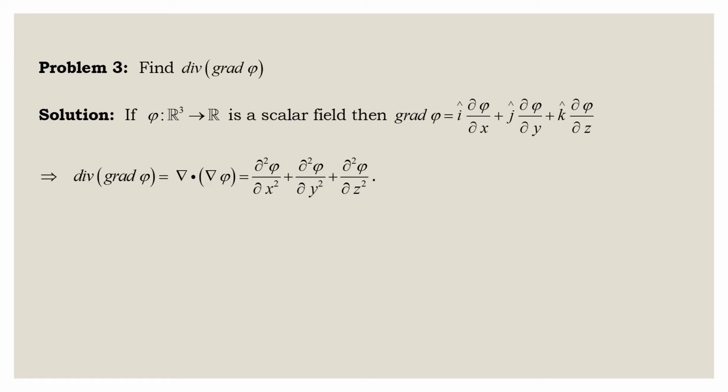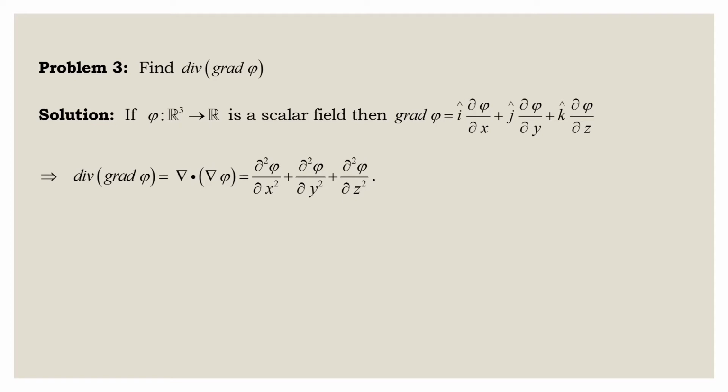Now, the divergence of this vector field grad v is div of grad v, which again equals del dot of del phi in symbols. This is equal to the divergence of the vector field i cap ∂phi/∂x plus j cap ∂phi/∂y plus k cap ∂phi/∂z.